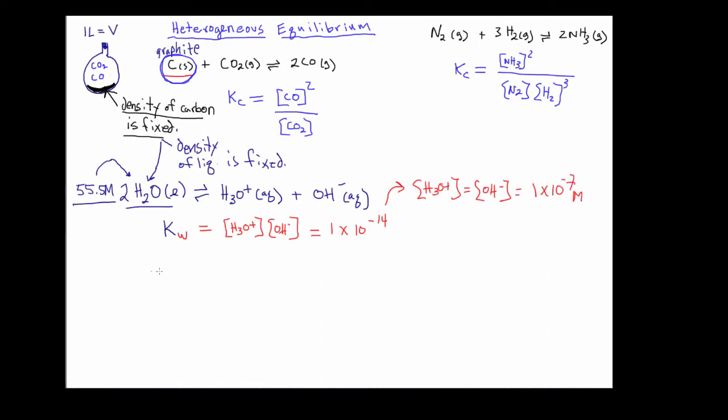All right, now another example of an equilibrium that you will have exposure to, probably at the same time or in the same chapter where you're dealing with chemical equilibrium in general, although it could come later depending on the professor or the teacher, is the situation where you're dealing with a precipitation reaction.